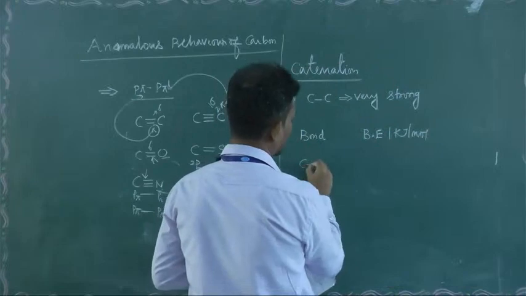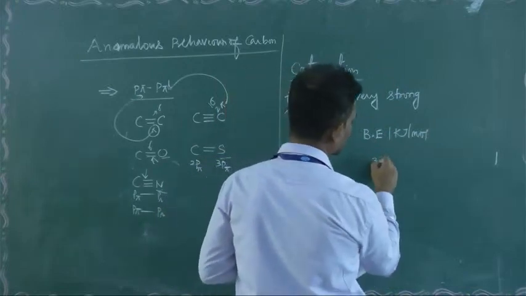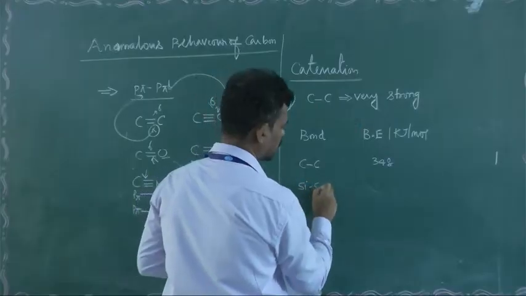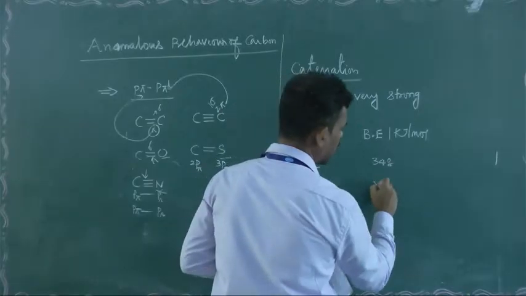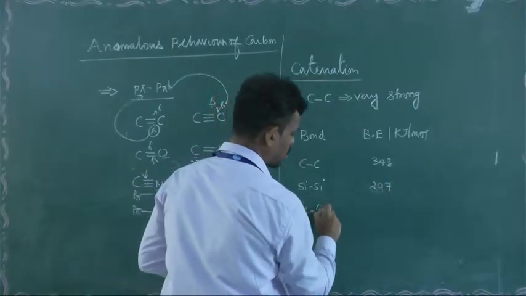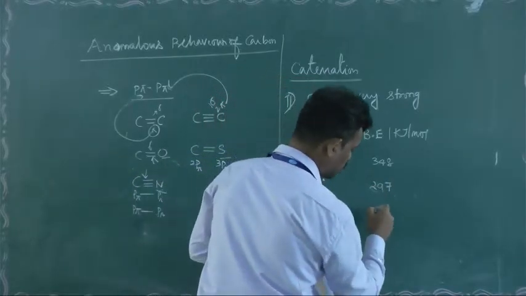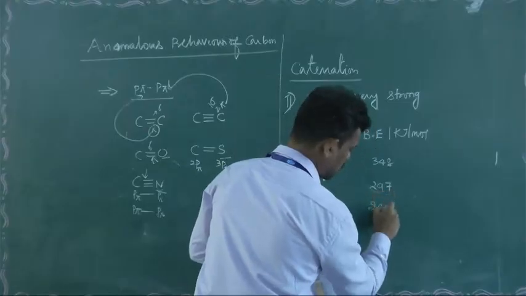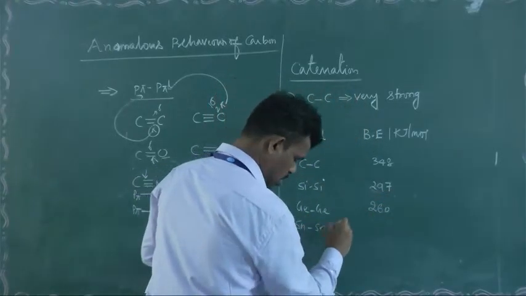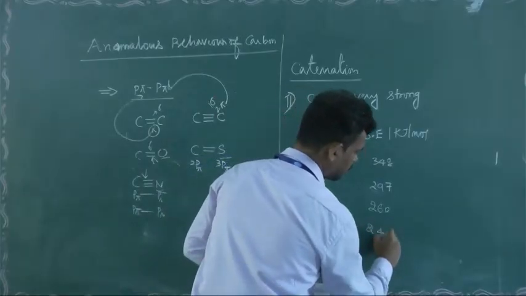For example, the carbon-carbon bond is 348, the silicon bond is 297, the germanium bond is 260, and the tin bond is 240.